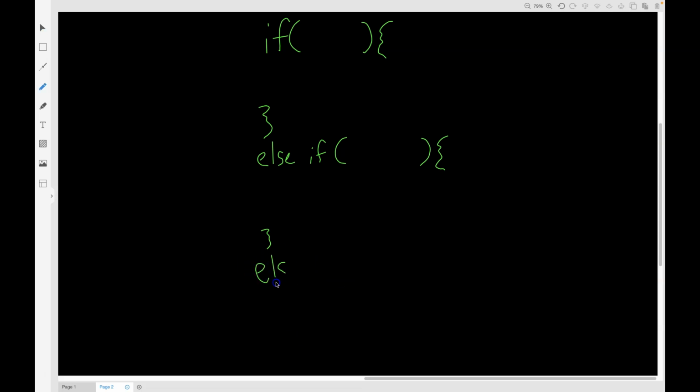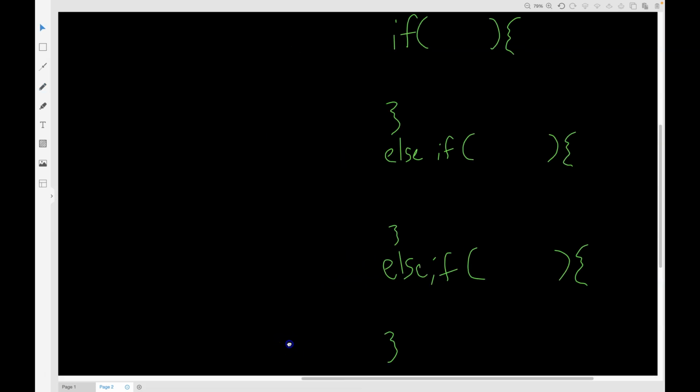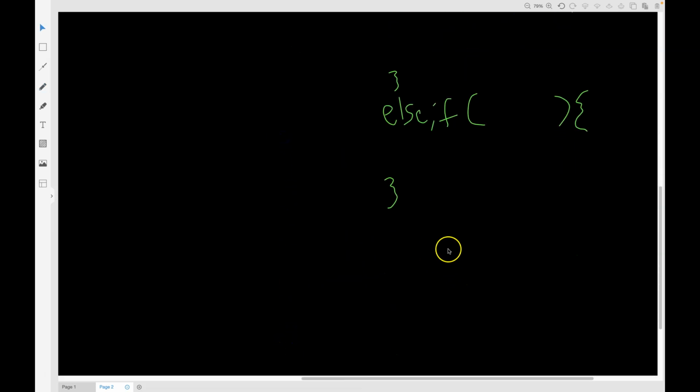We could do an else if again, and this can be another question. And we can keep moving down, asking different questions for whatever we need. When we get finished, the very last one does not require asking a question because it is our default. It's the last one that we do. So it would just be a code block.